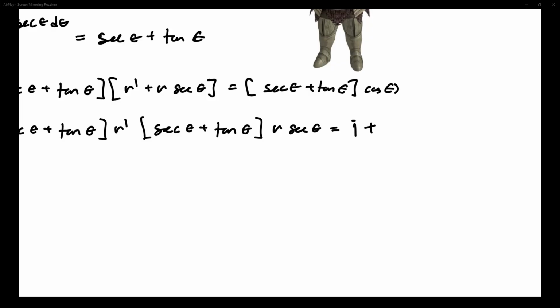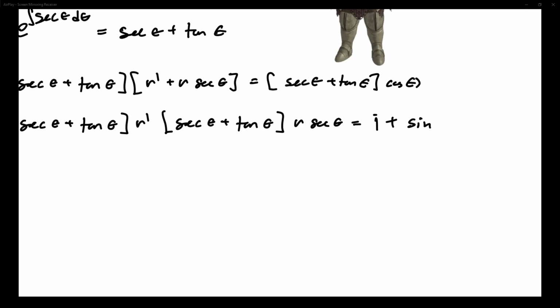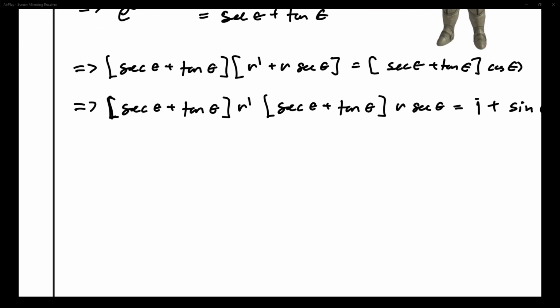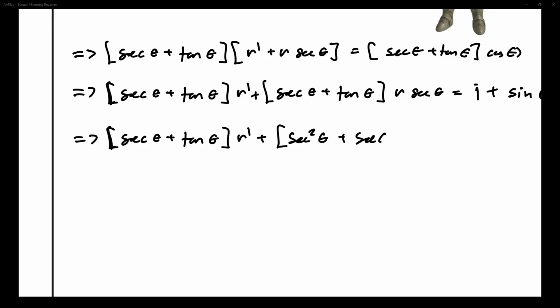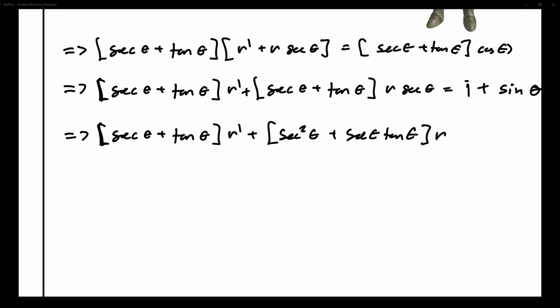So 1 plus sine. Now when you do one last distribution here, you're going to get secant squared theta plus secant theta tangent theta, times r.